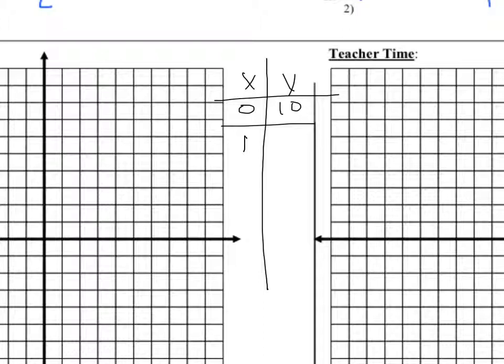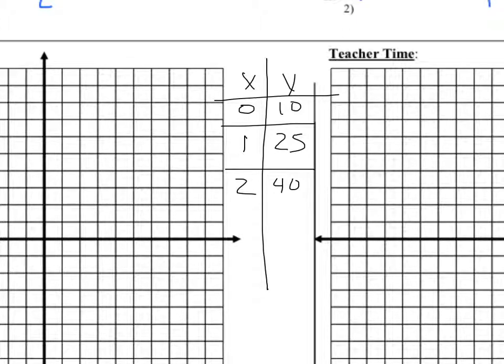Not 15, because it's the $15 plus the $10 of shipping. Next one. If I buy 2 balls, how much is that going to cost me? $40, because I pay 15 for each ball, that's $30 plus the $10 of shipping, $40.